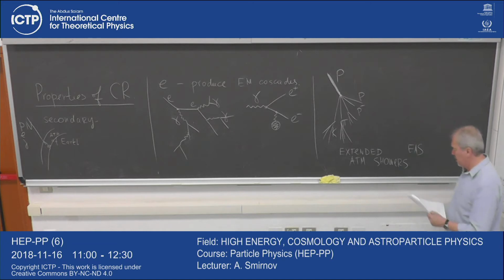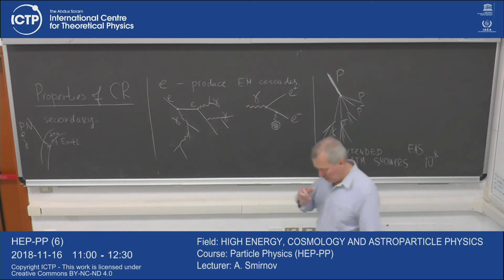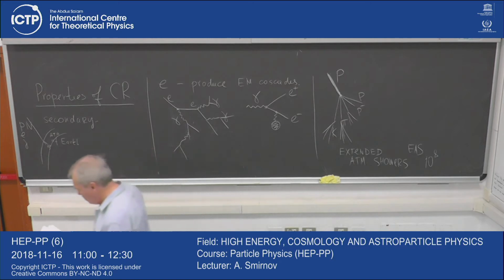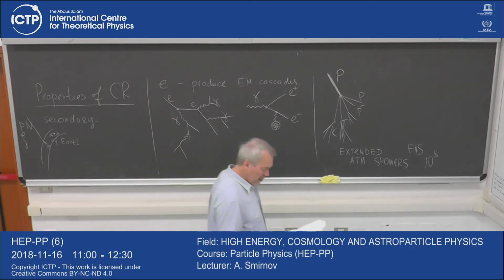And the number of particles can reach hundreds of millions, so up to 10 to the 8 at the surface. One of the detectors which measure this type of showers is the Auger detector in Argentina, so probably we'll discuss it later.